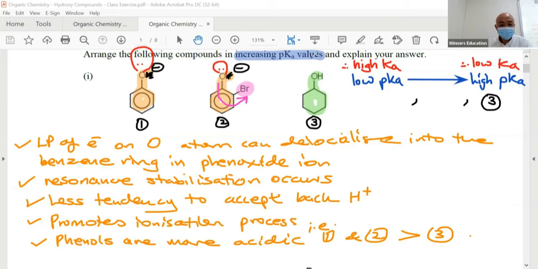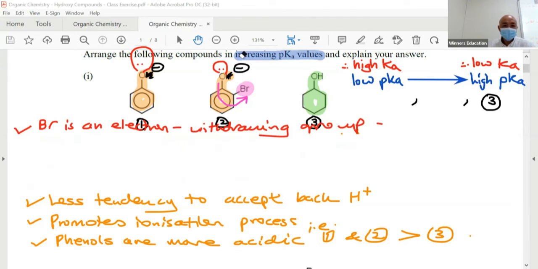Okay, so I will therefore then write a note like this. I'll say bromine is an electron withdrawing group. So what? So it stabilizes. Let me see which one I want to use. Electron withdrawing group.